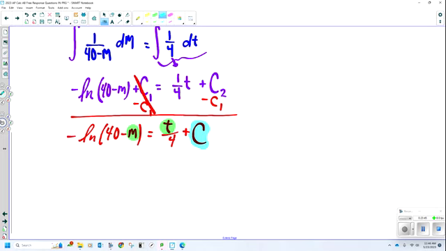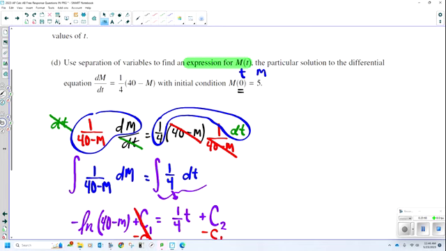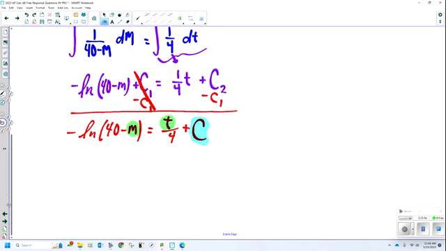Okay, and they give us an initial condition. When t is 0, M is 5. All right, let's go down here. I want this at t equals 0, M of t, either way, is 5. So let's put those in right now.